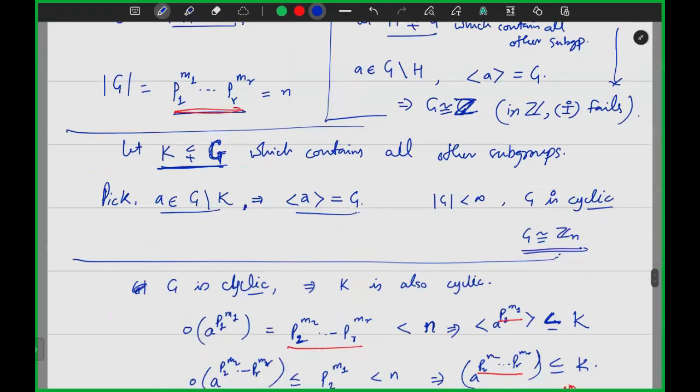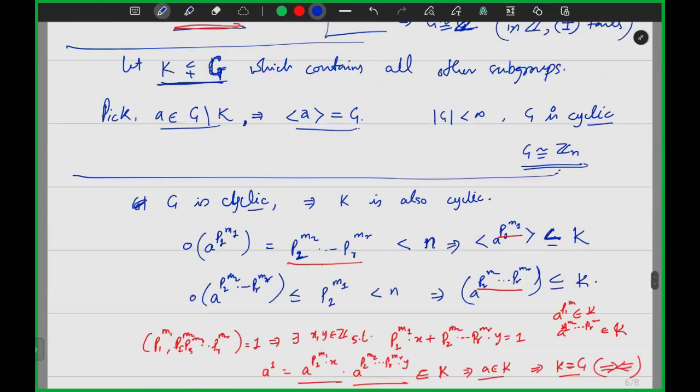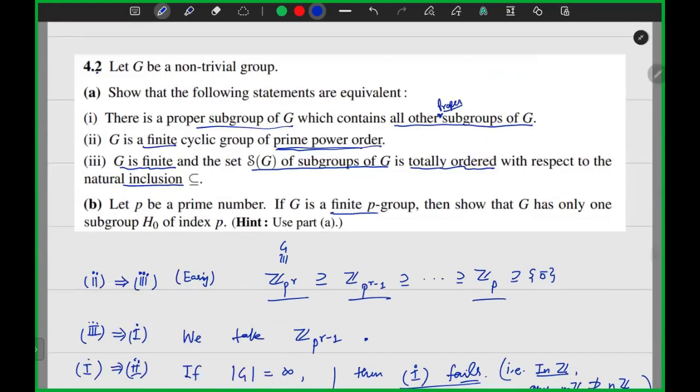It should be finite cyclic, then only we can apply that. This is already finite, given, and is this cyclic? If we want to apply the first part, then we have to take cyclic also, right? Yes. Otherwise it is not true.